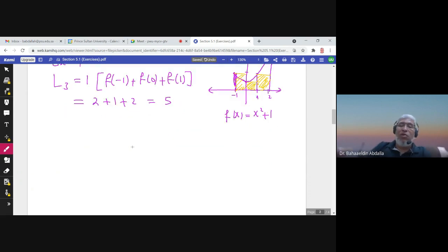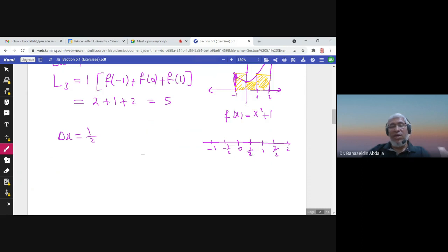Okay, you can do the same and find L of 6, L6. In this case, delta x again is half. It's not going to change because 2 plus 1 over 6, because we will use 6 rectangles. But we have from negative 1 to 2, we add half: negative half, 0, half, 1, 3 over 2, 2.